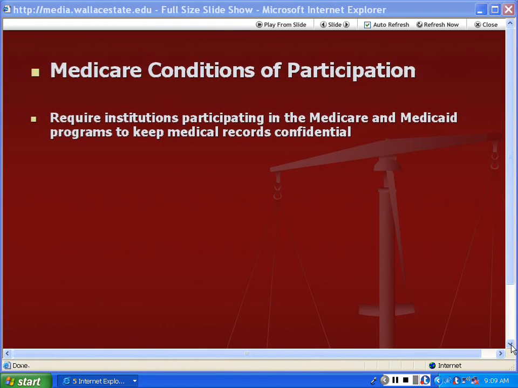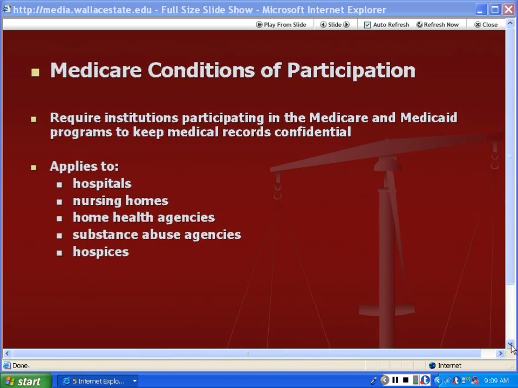And within those conditions of participation, just like there are regulations regarding what has to be on a record, documentation requirements, and all types of things like that, there are also requirements that institutions participating in the Medicare and Medicaid programs keep medical records confidential. It's stated in the Medicare conditions of participation. And these conditions of participation apply to hospitals, nursing homes, home health agencies, substance abuse agencies, hospices, those organizations that do participate in the Medicare program.